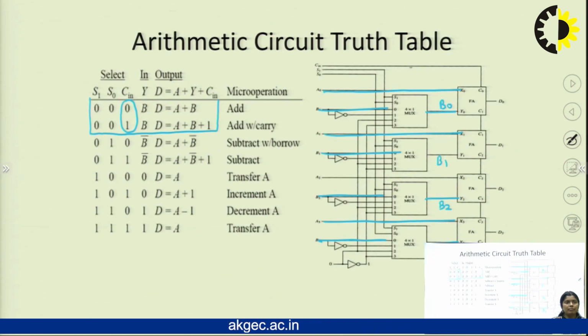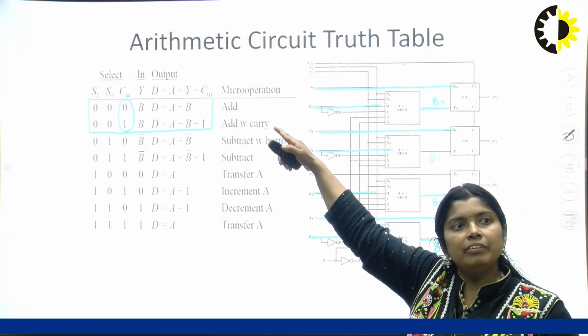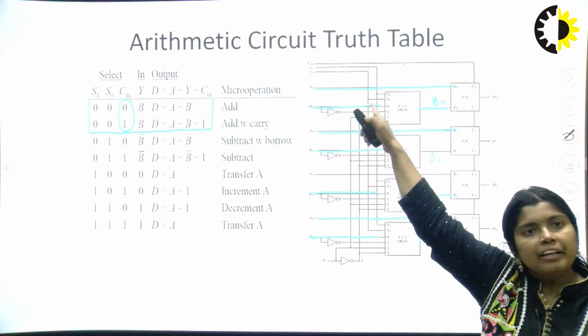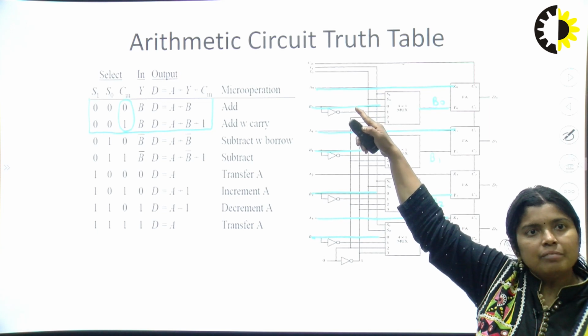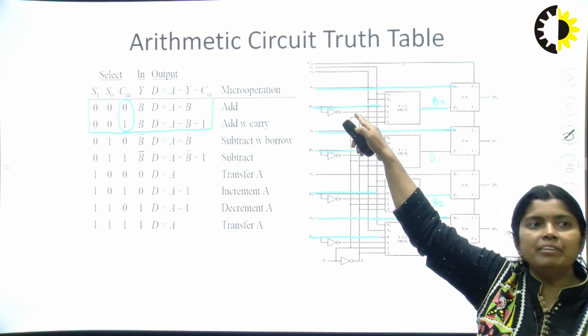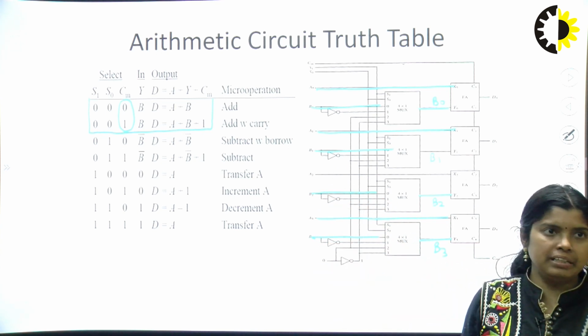Now one by one we are taking a look. In the first octet you can see 00, 01, 10 and 11. In the first one, A is considered, and the wire B will be considered, that is B0, B1, B2 and B3 will be going there.